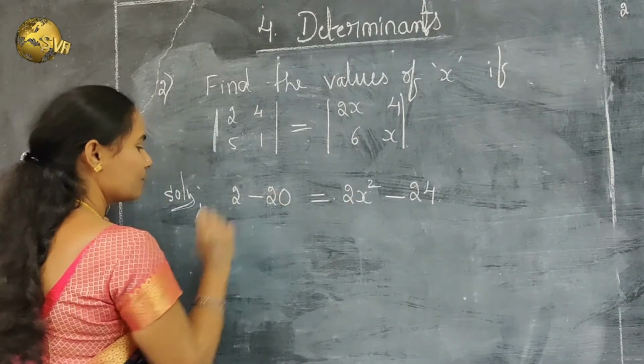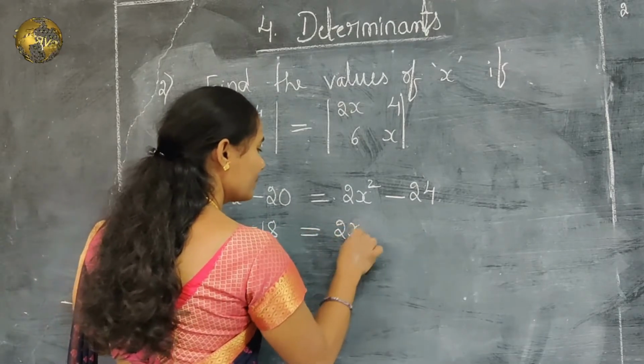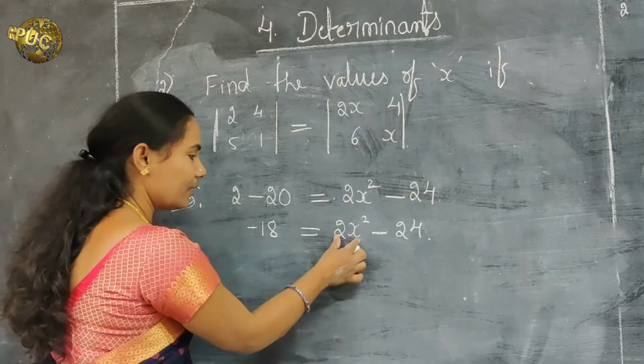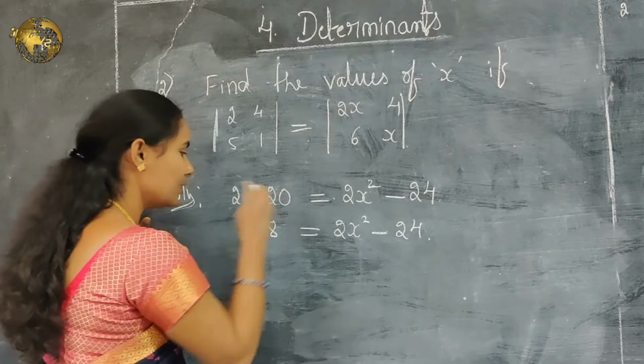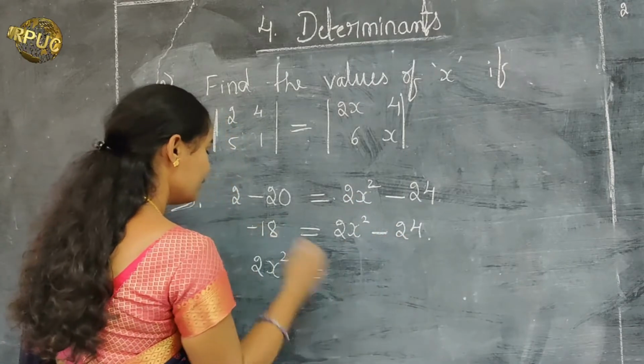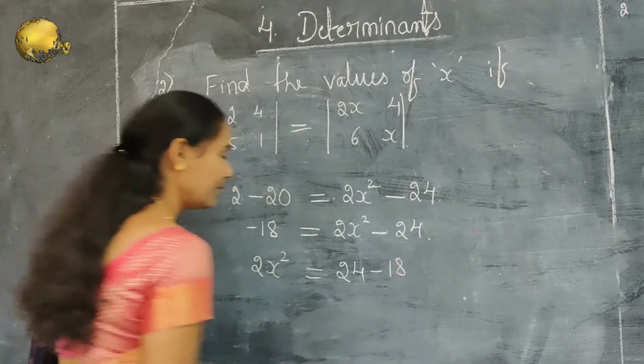So 2 minus 20, first let me do that one, that is -18, is equal to 2x square minus 24. Then I'll keep 2x square here and take this minus 24 to this side, so it becomes plus 24 minus 18.